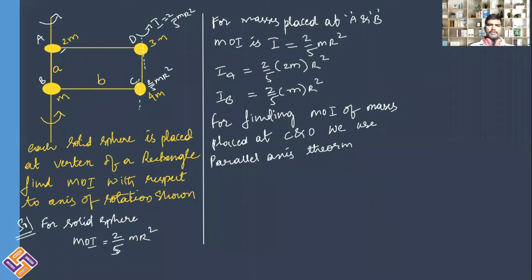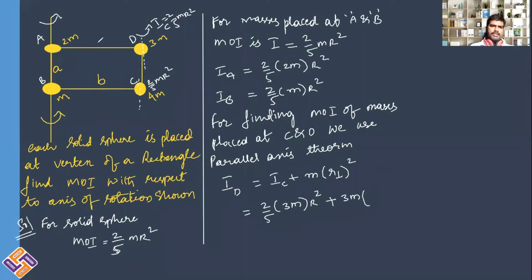Now, what is the moment of inertia of D with respect to axis AB? It is I_C plus mass into perpendicular distance whole square. What is I_C? I_C is 2 by 5. Mass at D is 3m, into r square, plus 3m. And what is the perpendicular distance between these two? It is b, therefore b whole square, because we are considering this as the axis of rotation.